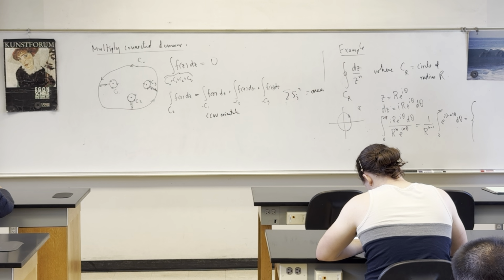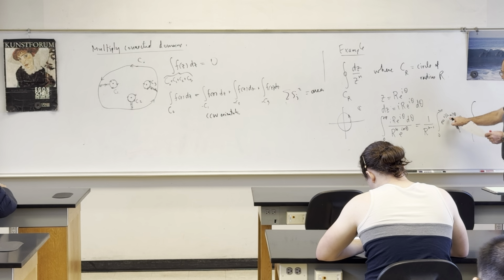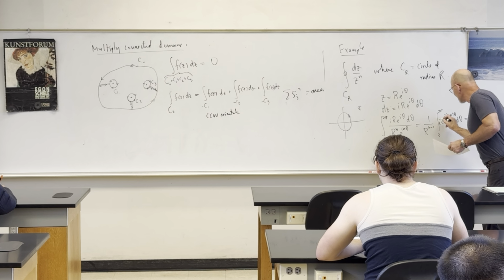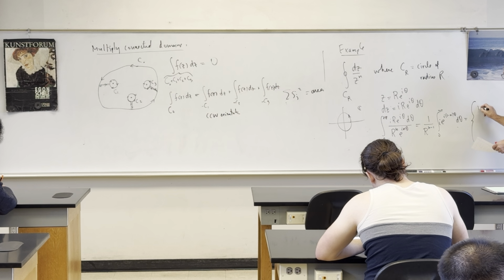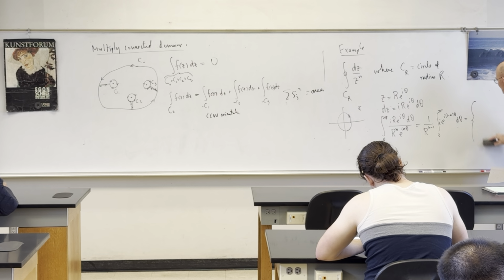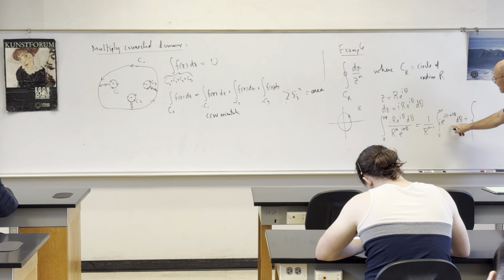So what do we get here? n equals 1. Oh, I left the i out, didn't I? Don't lose the i there. So if n equals 1, we have i times 1, 1.